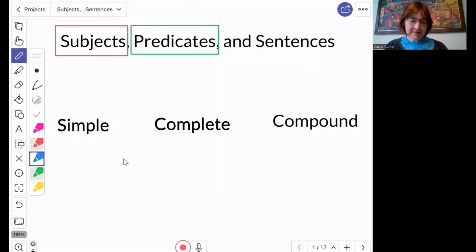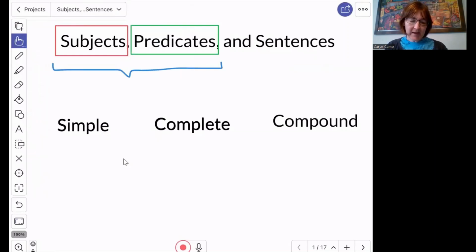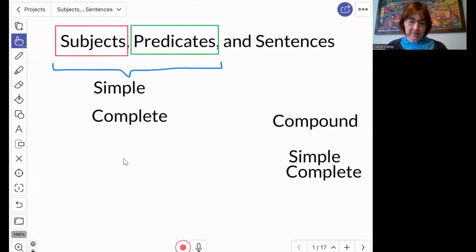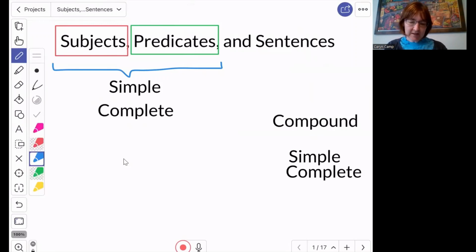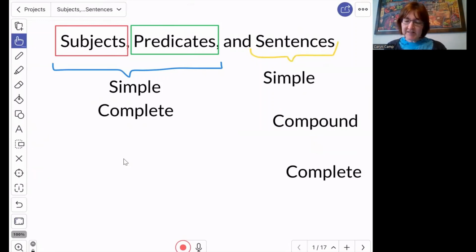When we are looking at subjects and predicates, we are comparing simple and complete. We're talking about a simple subject or a complete subject, a simple predicate or a complete predicate. When we are talking about sentences, we're going to be comparing if it's a simple sentence or a compound sentence.